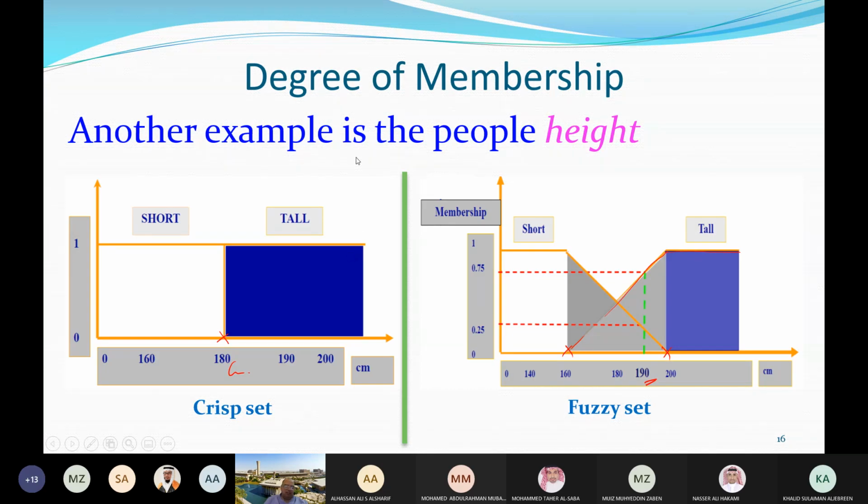And naturally, as we mentioned earlier several times, 180 is tall, but what about 179? Can you consider it short, for example, and 180 tall? No, this is not the case.